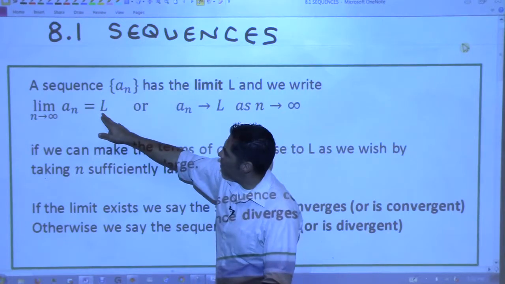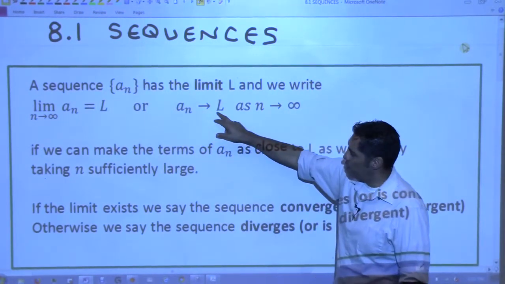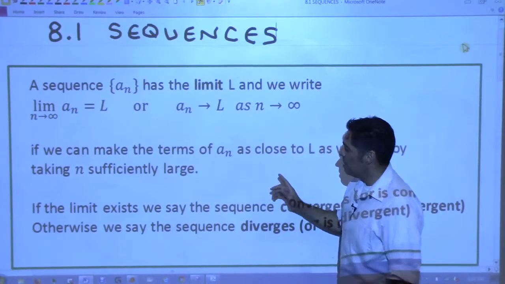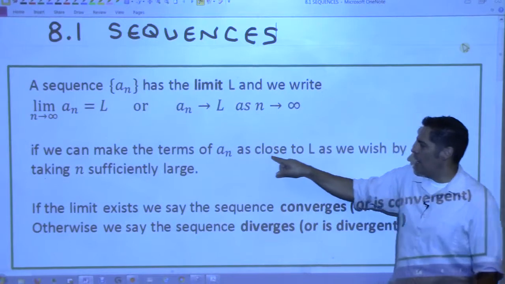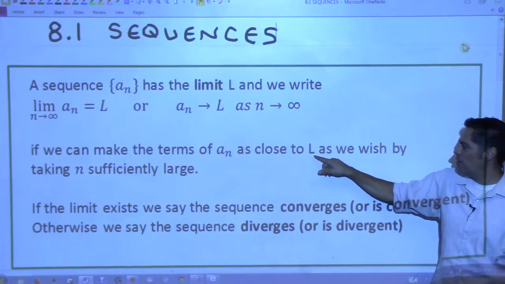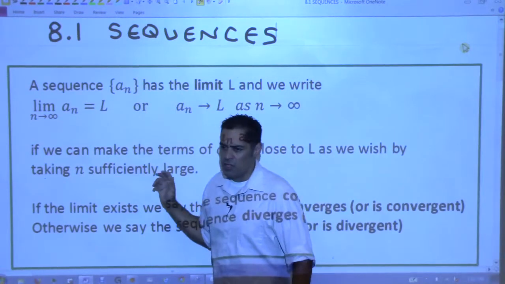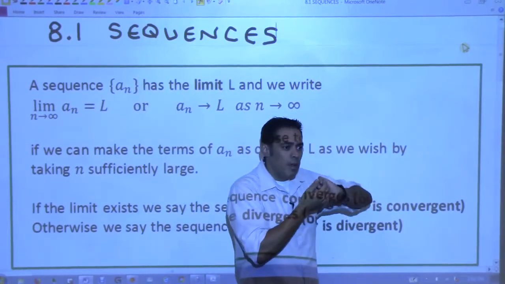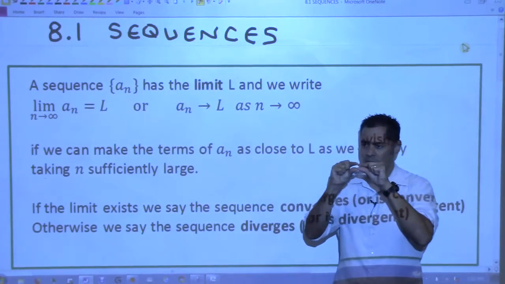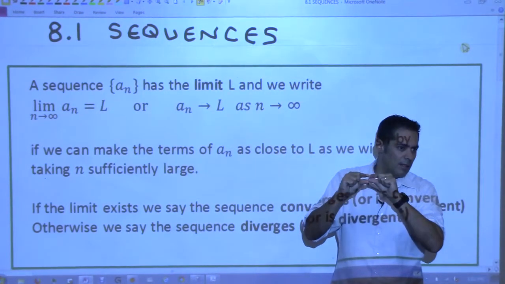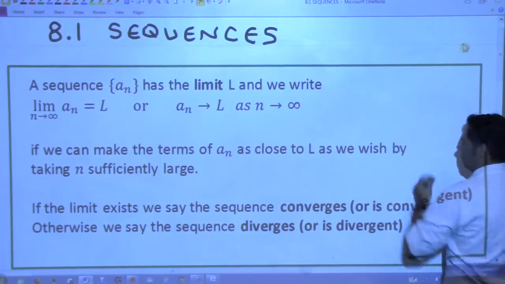If we say it's going to be equal to L, this is another notation we use for it, then what it means is that we can make our sequence a sub n as close as we want to L by taking n to be sufficiently large. So if we go far enough out into the sequence, we will be as close as we possibly want to L. Now, a picture of what's happening here is, well, I have it down here.